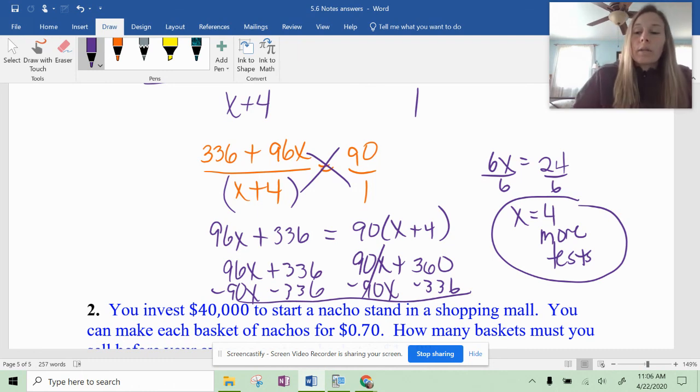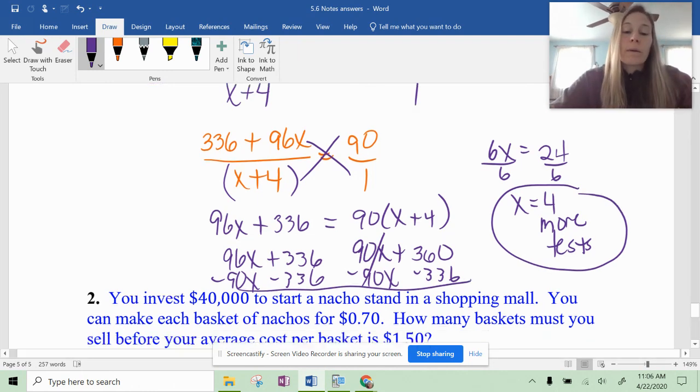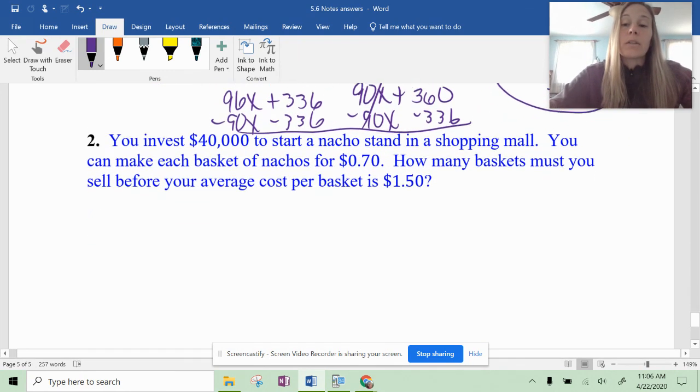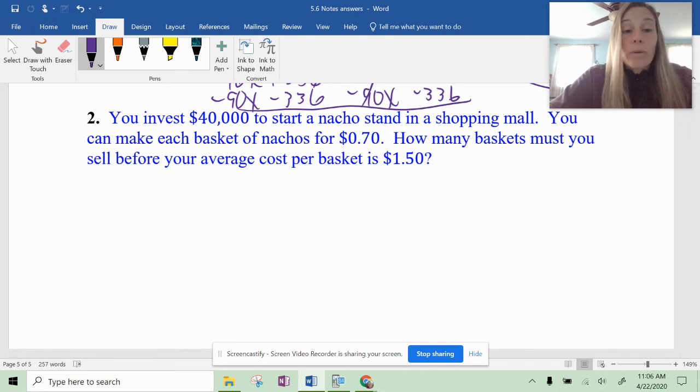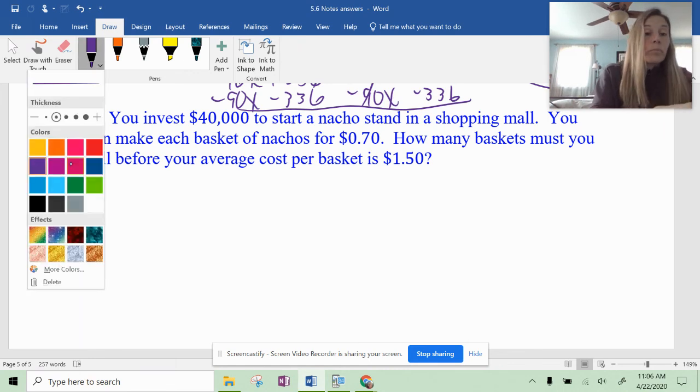Okay, and then the last one here, you invest $40,000 to start a nacho stand in a shopping mall. You can make each basket of nachos for 70 cents. How many baskets must you sell before your average cost per basket is $1.50? So again, when we talk about average, we're adding things up and then we're going to divide by something, right?